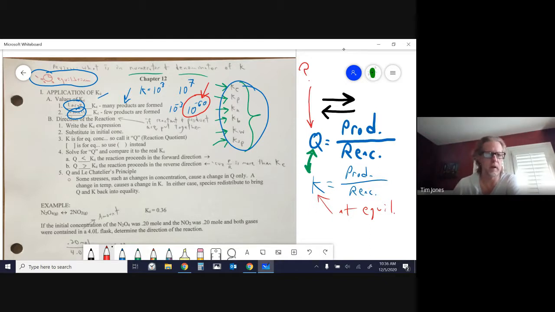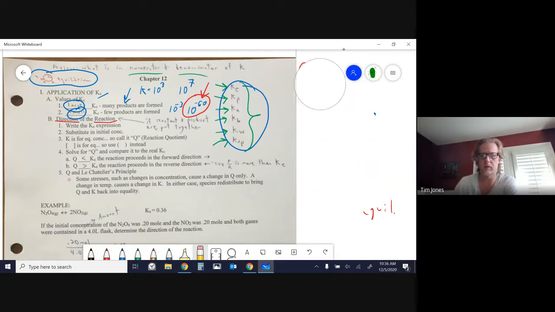Now, if you look at this next section here, I say direction of reaction. And you might be thinking, wait, I thought that reactions went forwards until they reach equilibrium, and then they're in equilibrium. Well, it's possible they could go backwards. For example, if you start with nothing but product. So let me just get a generic reaction.